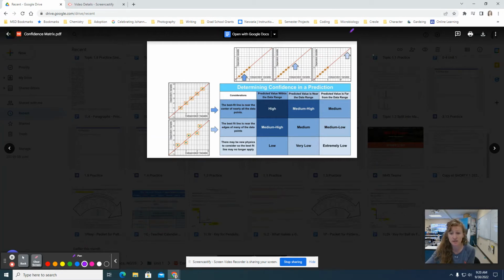Now we're going to use this image that's on my screen right now, which is called a confidence matrix. And basically, this confidence matrix has two things you're going to consider. The first consideration is over here on the side, and it's where do the data points fall with respect to your trend line. So if your data points all fall on your trend line, then you would be at the top of this column.